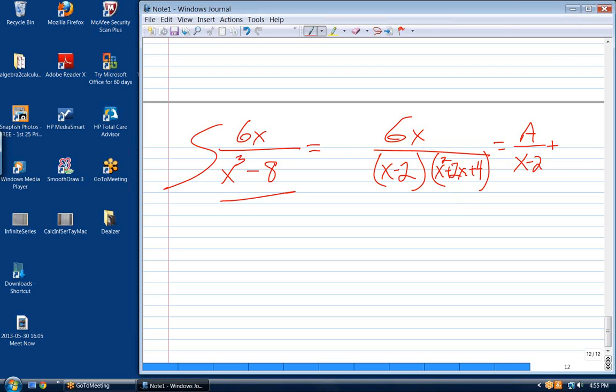If it was a cubic, then you would need a bx squared plus cx plus d. I'm pretty sure, not 1,000% sure on that, but I'm 95% sure. But with a quadratic, we need at least that.